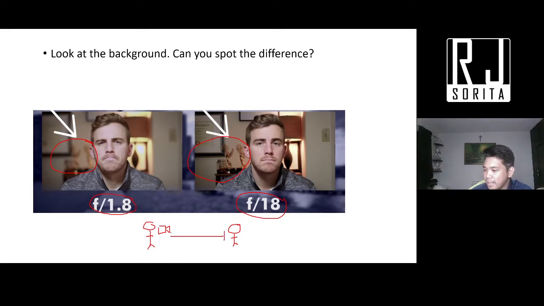This is the distance. If you have a shorter aperture, the depth of field, wait, let me change the colors. The depth of field is right about here, meaning the one in blue will be the area of focus, and then the rest will become blurred.